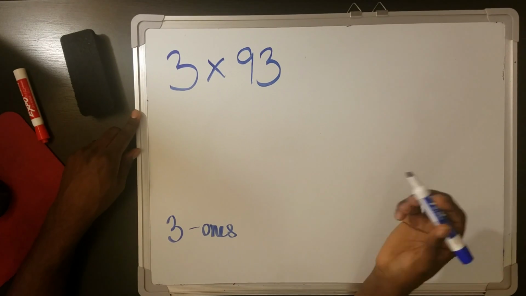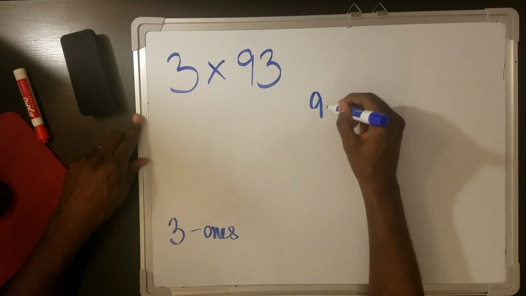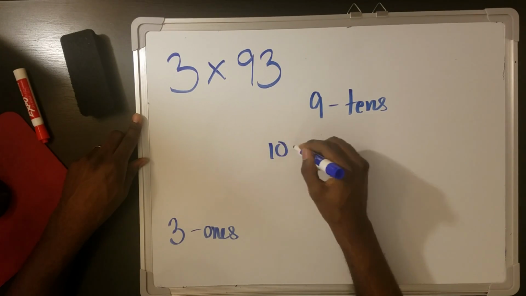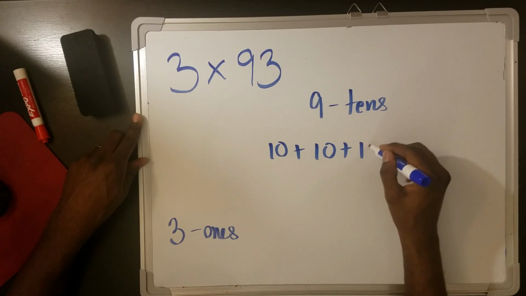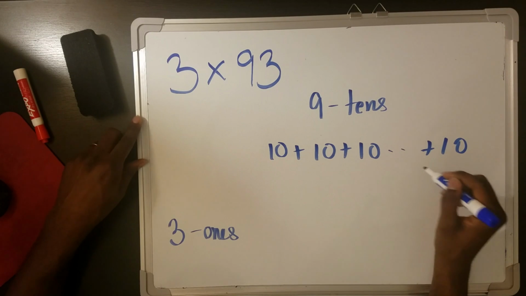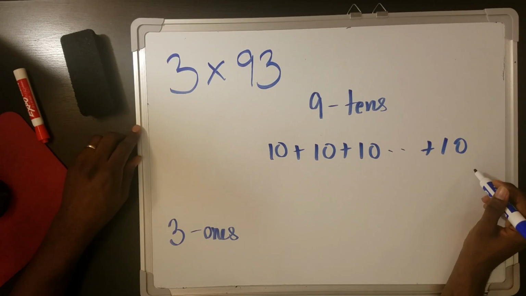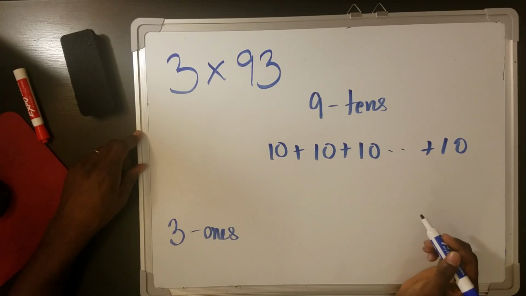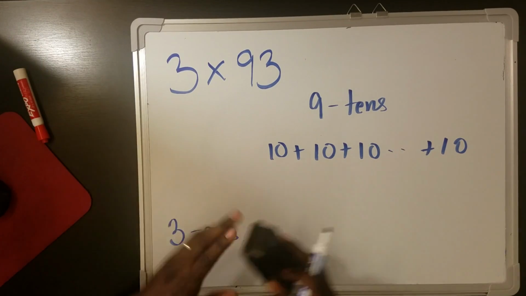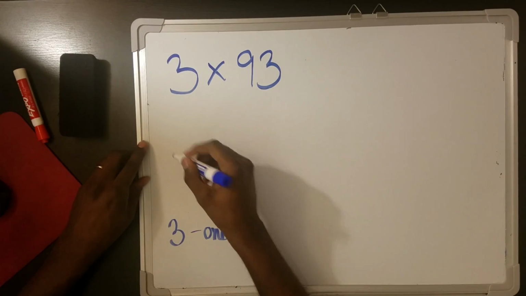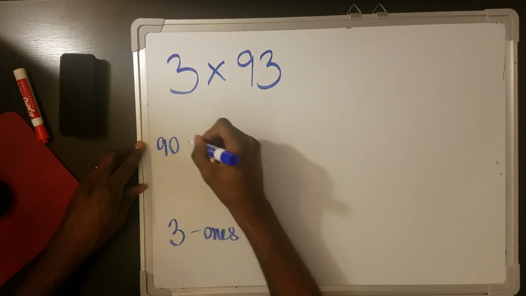And what did we say last time? Whenever you have a 9 in the tens place, that means you have 9 tens, right? All the way up to 9 tens. And when you add up 9 tens, what do you get? You get 90. Correct. So we're going to write it down the same way. 90.